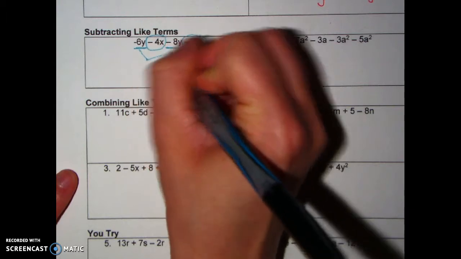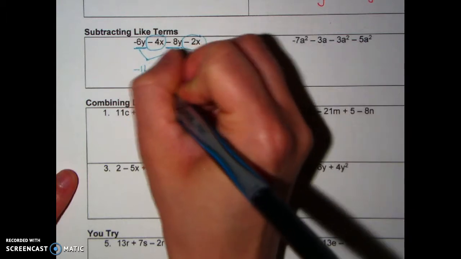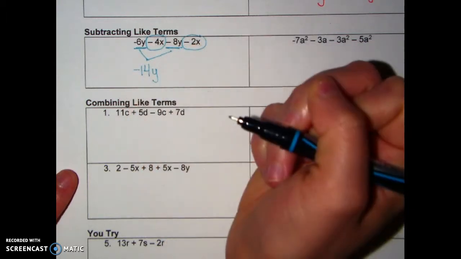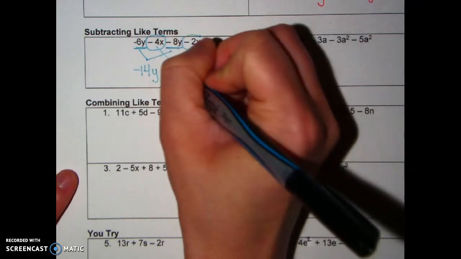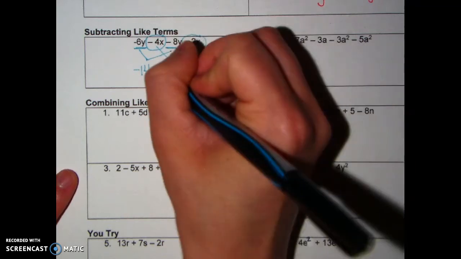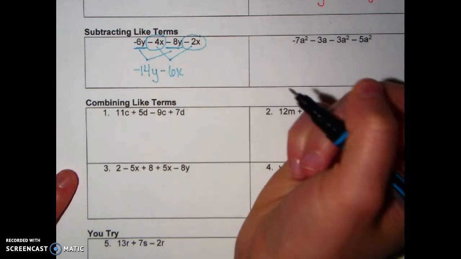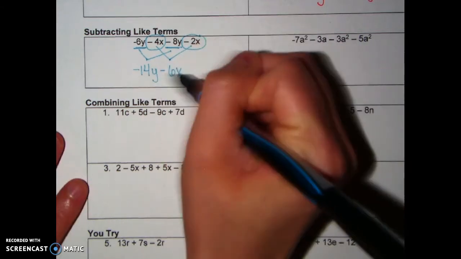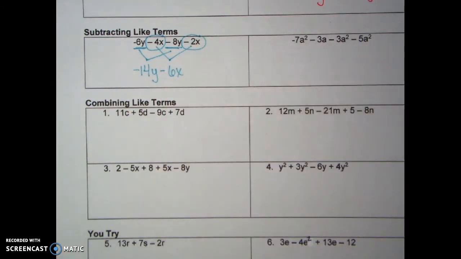Negative 6 minus 8 is negative 14, and bring the y. Negative 4 minus 2x is negative 6x. And for now, it doesn't matter the order that you write your final answer in. Eventually, later on in the year, you will learn standard form where it will matter, but not yet.